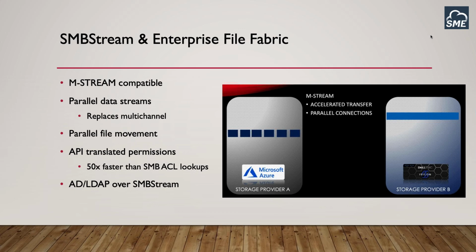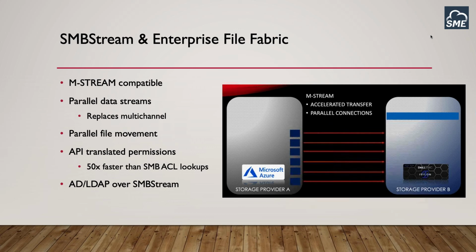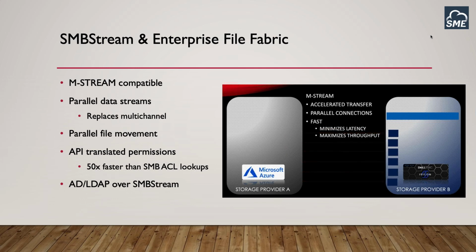And you'll see later, 5 to 10x. But we've actually done some more enhancements along the lines of the Enterprise File Fabric, where you can speak an API to translate those permissions, and you get more like a 50 to 100x improvement in things like ACL transfers. So that's not your file, that's the listings, the directory listing, the permissions and whatnot.